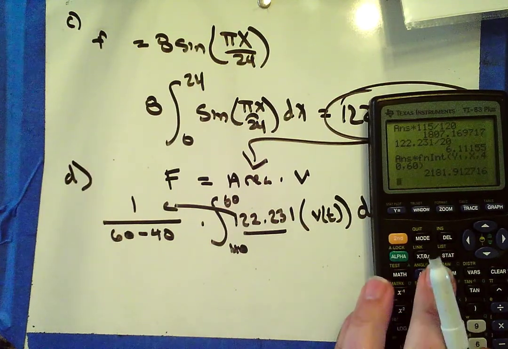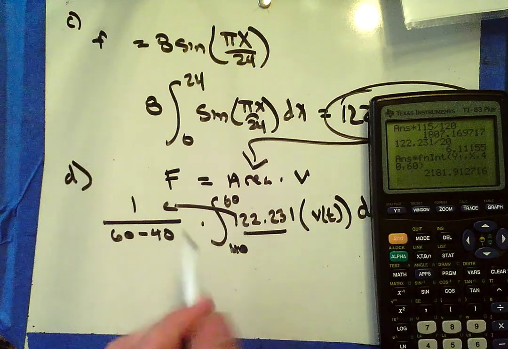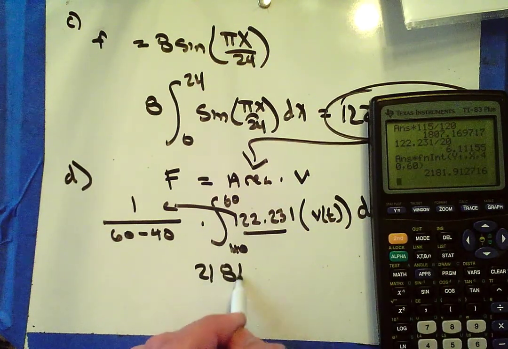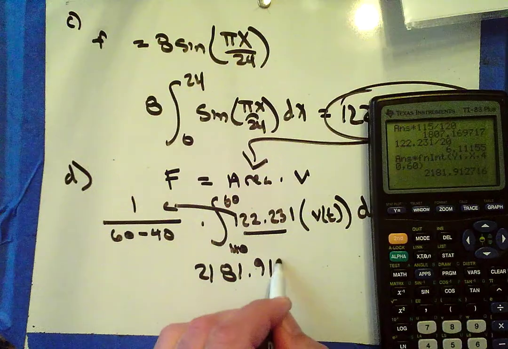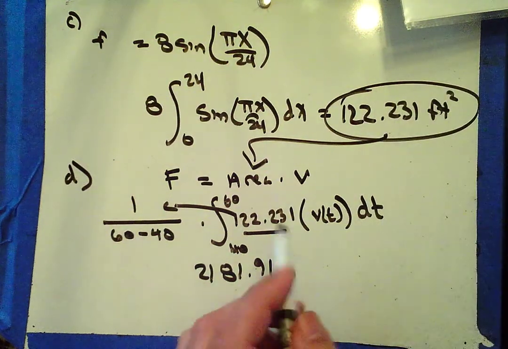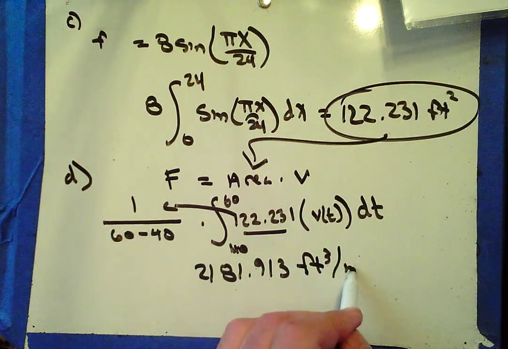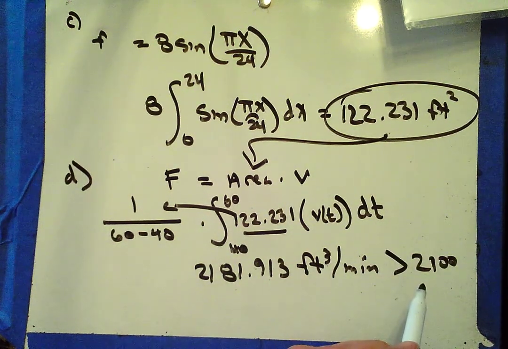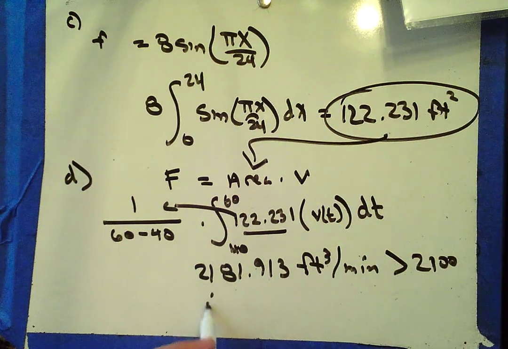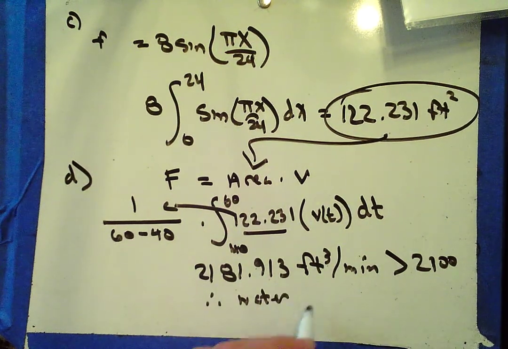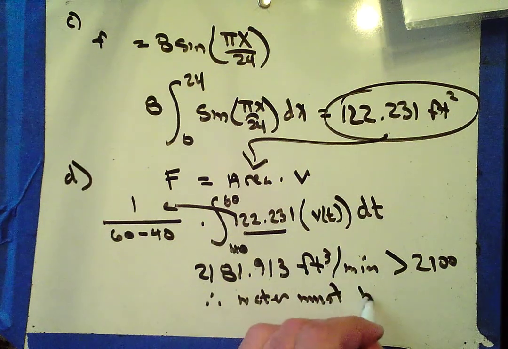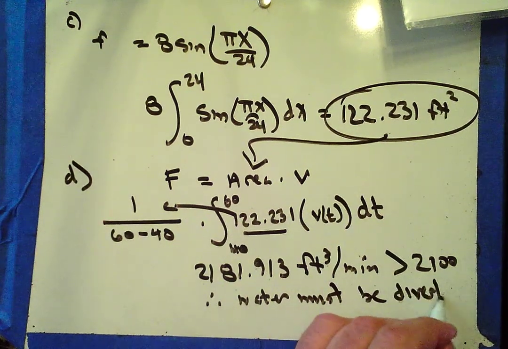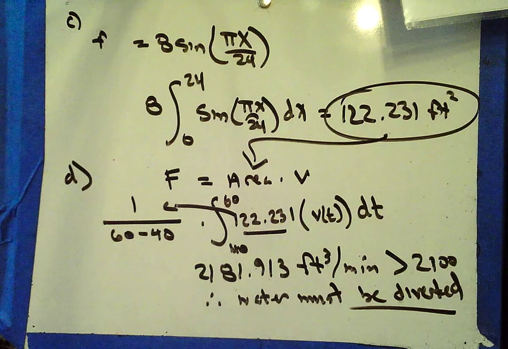And I end up with 2181.913 cubic feet per minute. This is greater than 2100, therefore the water must be diverted. Okay, there's 4D. Let's move on to problem number 5.